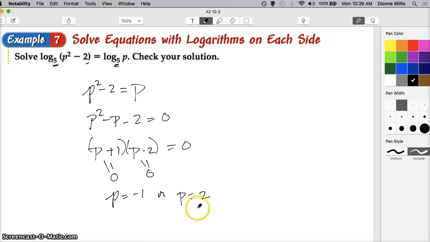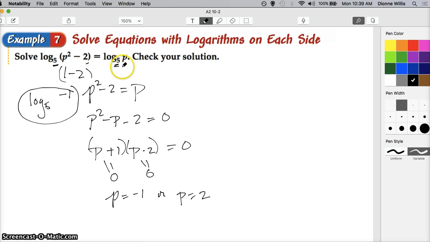We've got to check our solution though. How do we check it? We plug it right back in. If I put a -1 here, -1 squared is 1. 1 minus 2 is a -1. So this is log base 5 of -1 on this side. We're going to think about that in a second. And if I put a -1 here, I get log base -1 of -5.